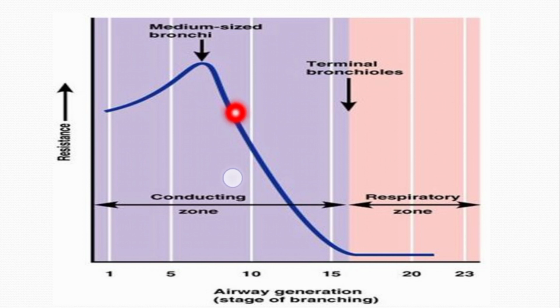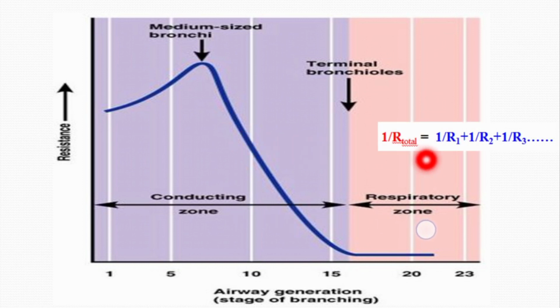You might have observed that the highest resistance to airflow is offered not by the smallest bronchioles, but by the medium sized bronchioles, and it is because the medium sized bronchioles are less in number, while the smallest bronchioles are almost 65,000 in number, and they are arranged in a parallel circuit.